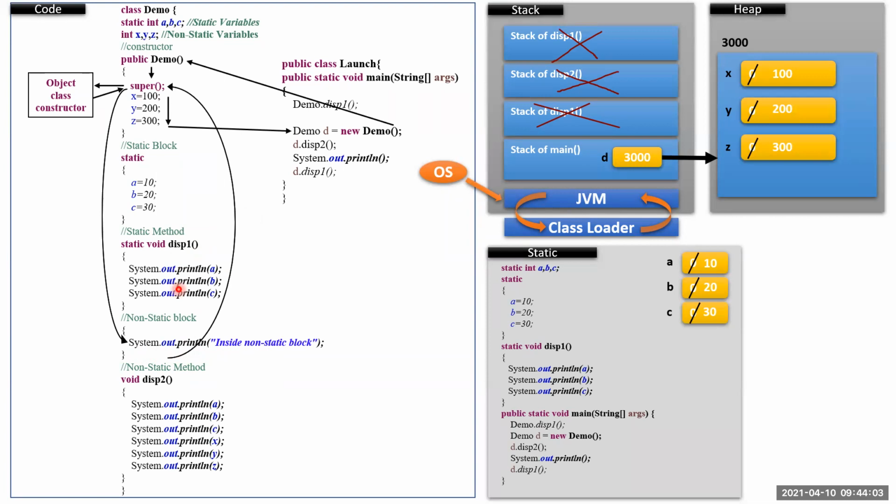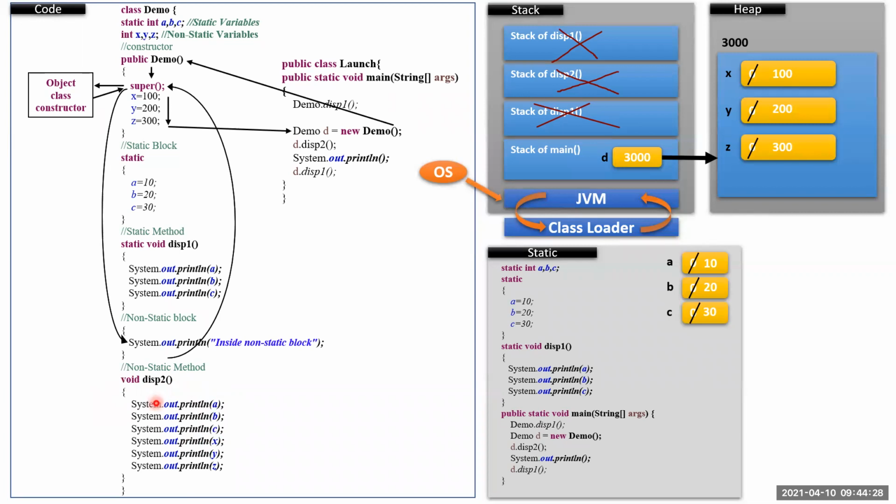But here what I wanted to show you exactly is, if you notice, we are trying to access abc from this non-static method. In other words, we can access static variables using a non-static method.